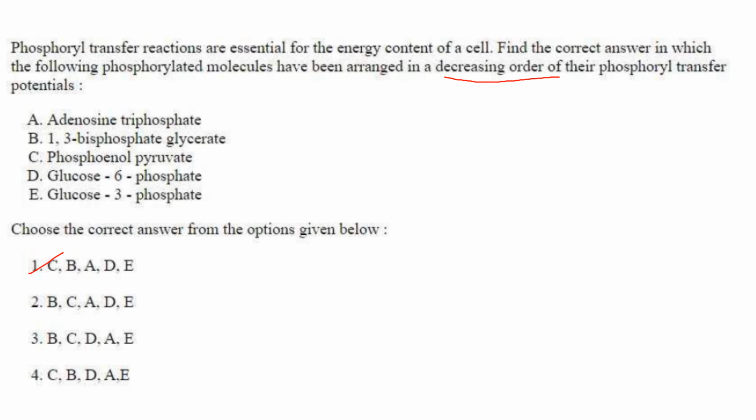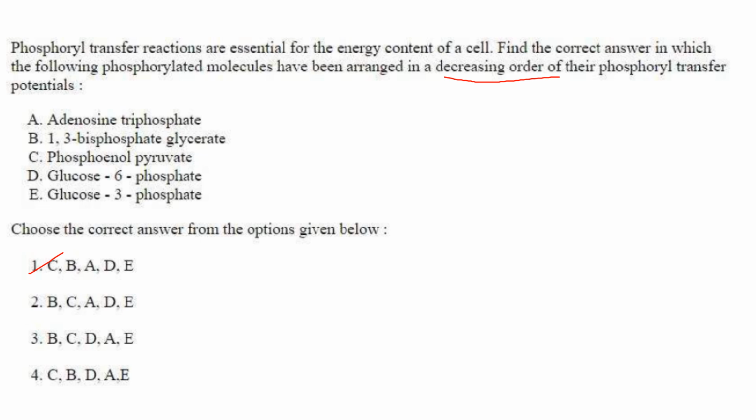Then next one. Phosphoryl transfer reactions are essential for the energy content of a cell. Find the correct answer in which the following phosphorylated molecules have been arranged in decreasing order of their phosphoryl transfer potential. So the least ones will be glucose 6-phosphate and glucose 3-phosphate. Then adenosine triphosphate will be between 1,3-bisphosphoglycerate and phosphoenol pyruvate.